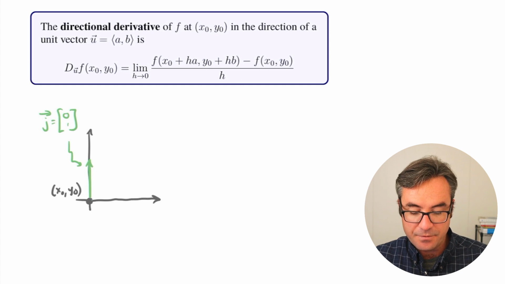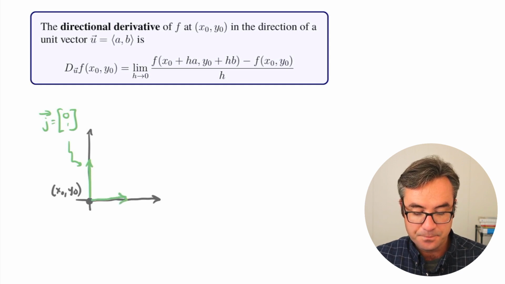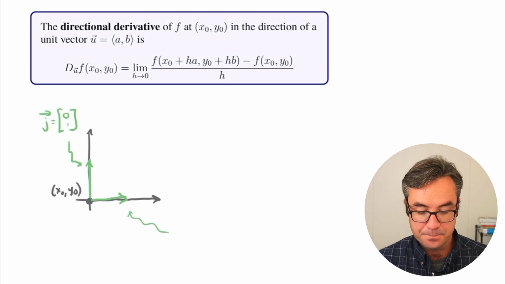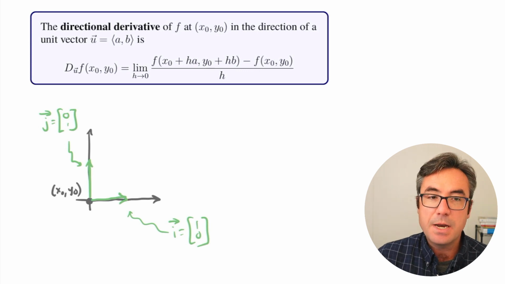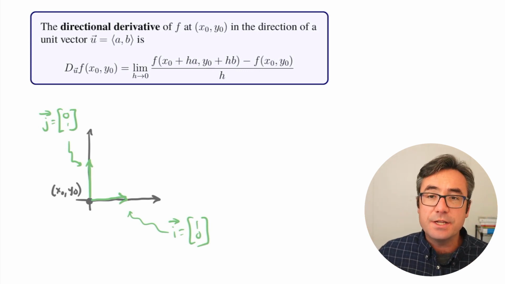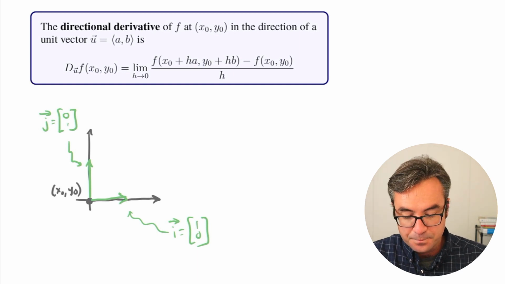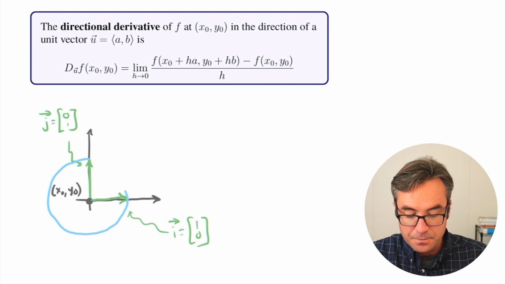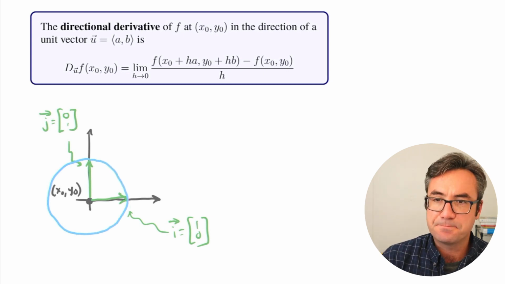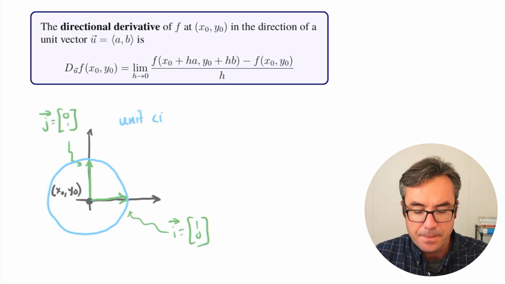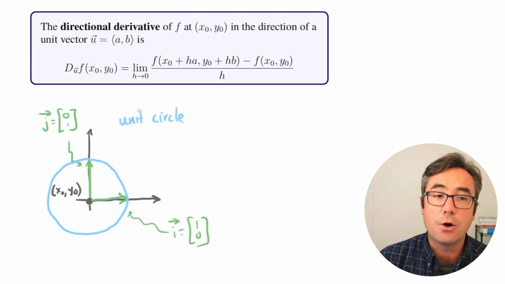We could look at the unit vector in the x direction, which we've seen as vector i, and it's 1, 0. But now there's a whole unit circle of vectors that we could look at that completely circle around our specific point. So we have a whole unit circle of possible directions to go in.